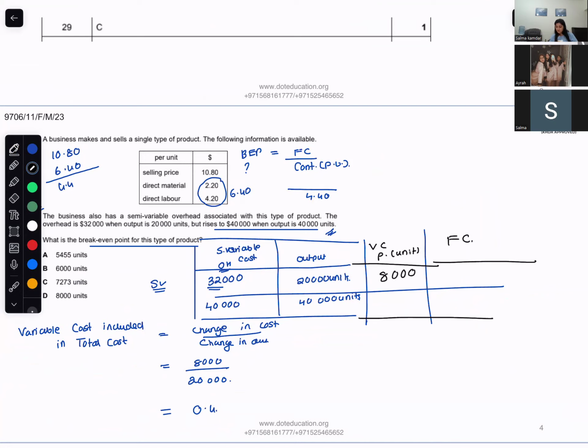What is the fixed cost? 32,000 minus 8,000 will be 24,000. And for 40,000 units, 16,000 is included, so it is 24,000 again.